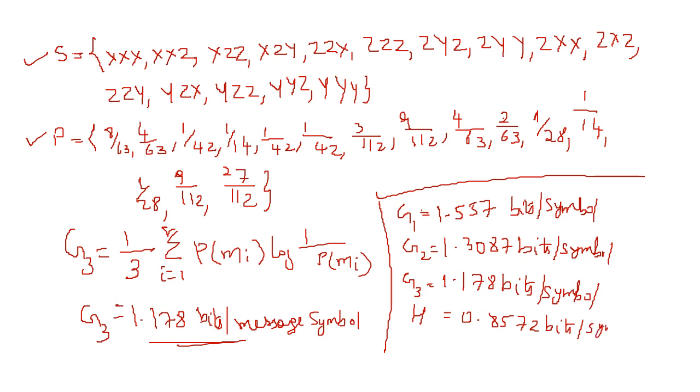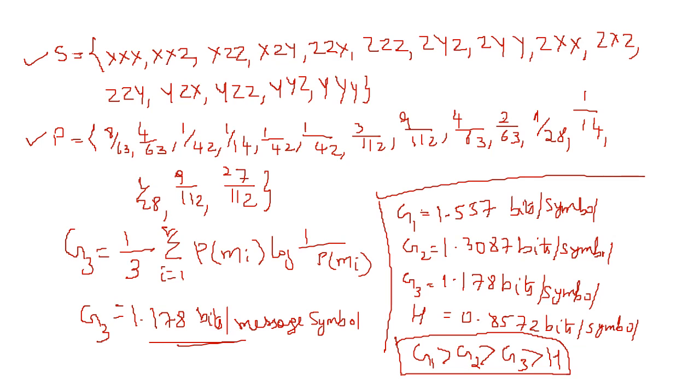From these values, G1 is the maximum, so we can write G1 is greater than G2 greater than G3 greater than H. H is the least value, hence for the given problem G1 is greater than G2 greater than G3 greater than H, hence proved.